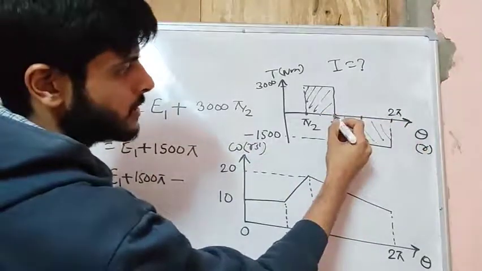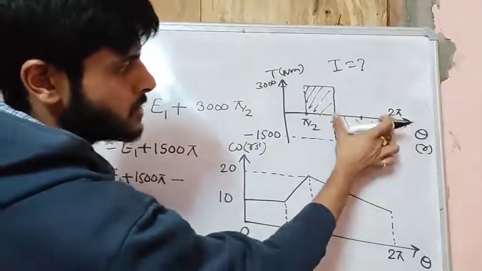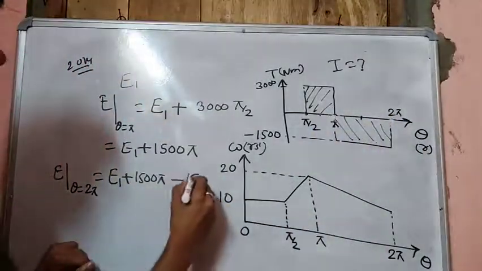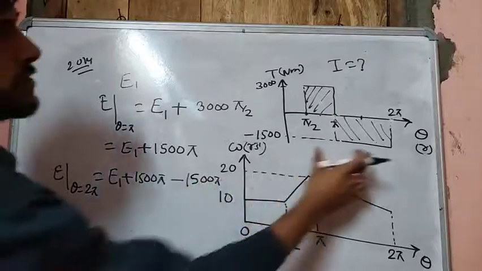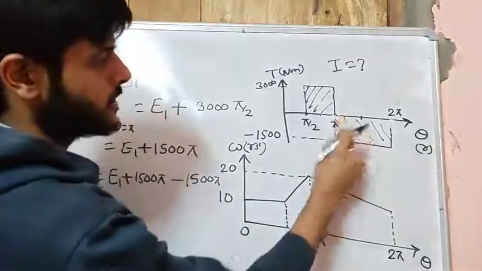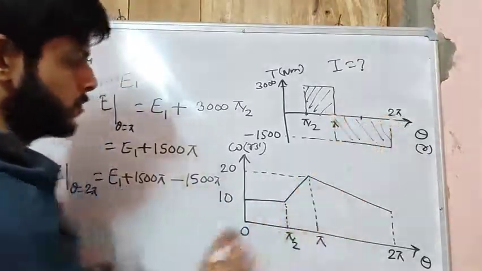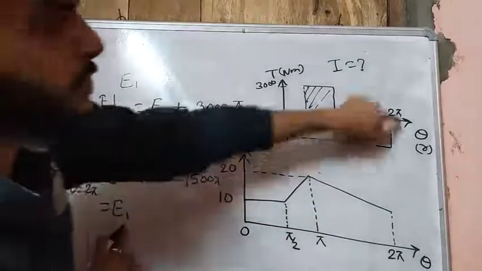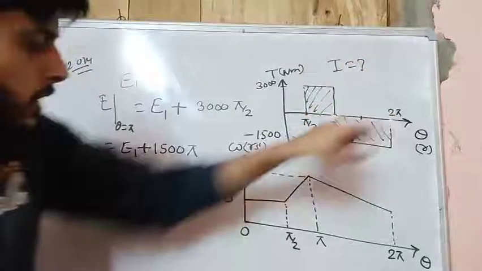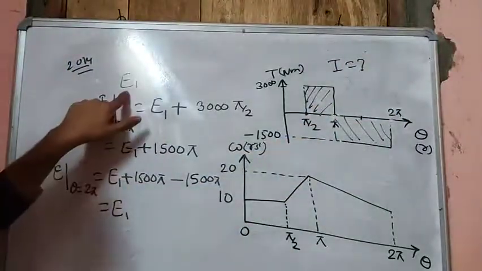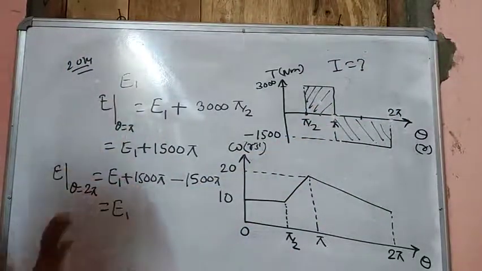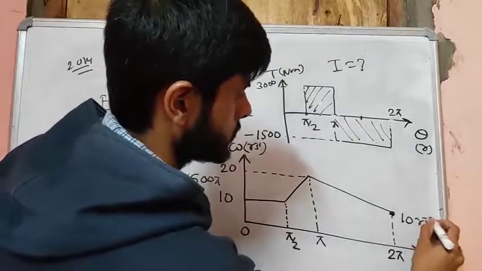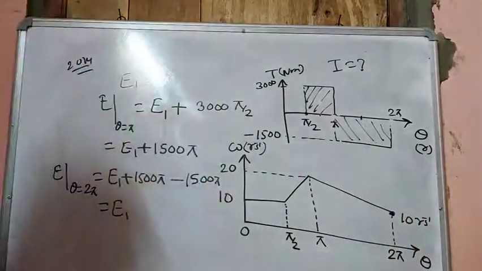So this is pi, this is 2 pi. So 2 pi minus pi is this length multiplied with 1500. So this area is 1500 pi again. So at the end of the completion of this cycle, the total energy of the system is the same as the beginning. So that means this point will also be 10 radian per second.